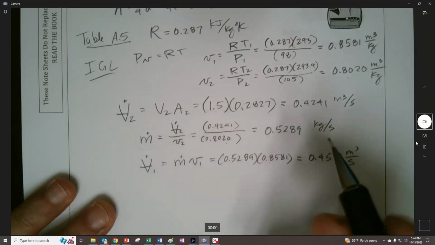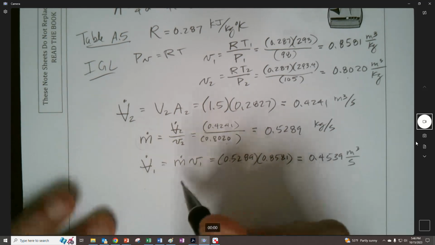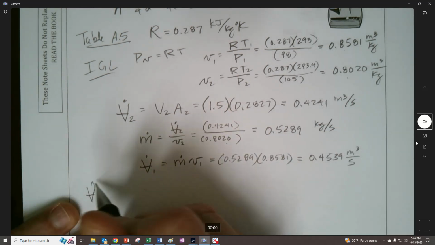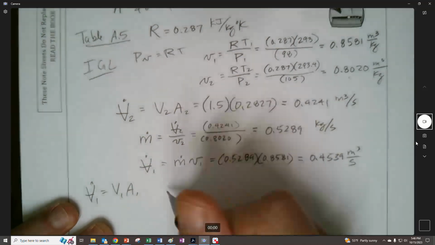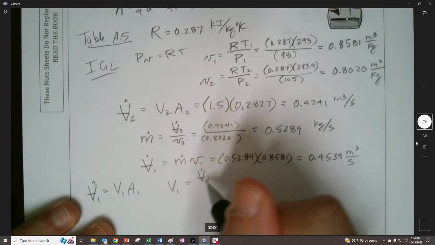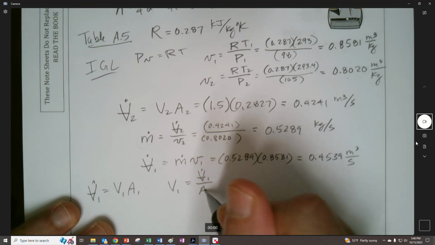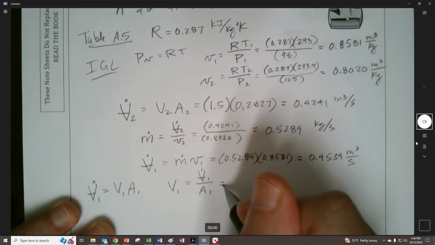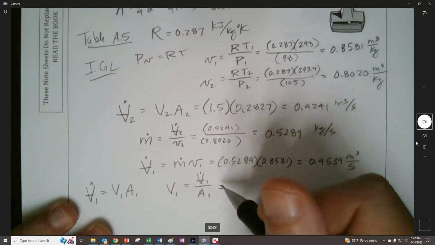And now if you want to find what the velocity is, we know that the volume flow rate 1 is going to be the velocity 1 times the area 1. So we can find velocity 1 by dividing the volumetric flow rate by the area. Is that true? Sure. And the area stays the same. Well, we're assuming that, right?